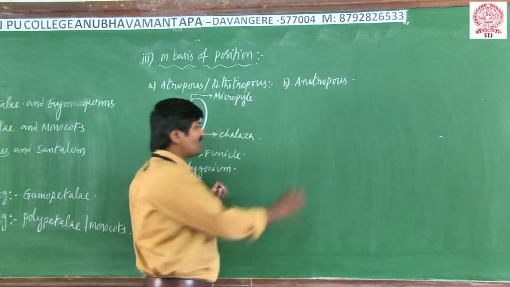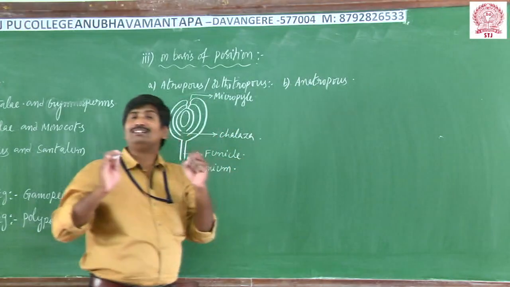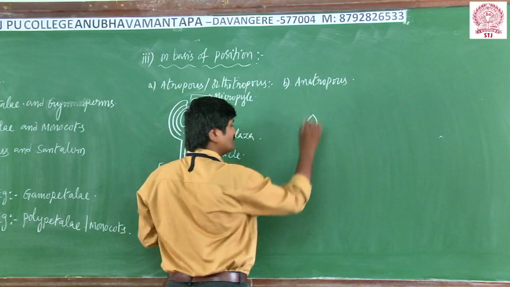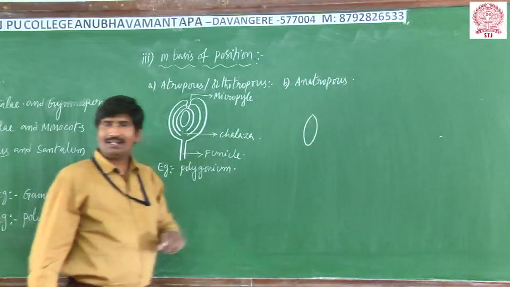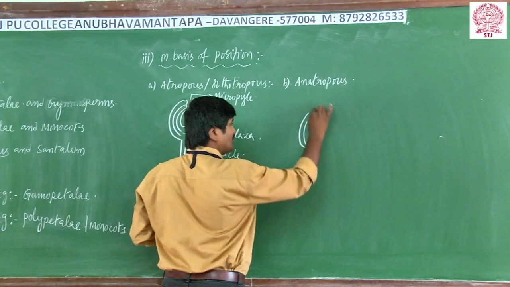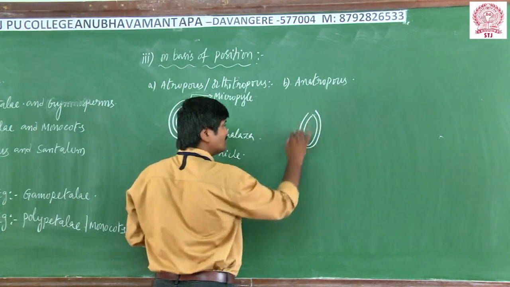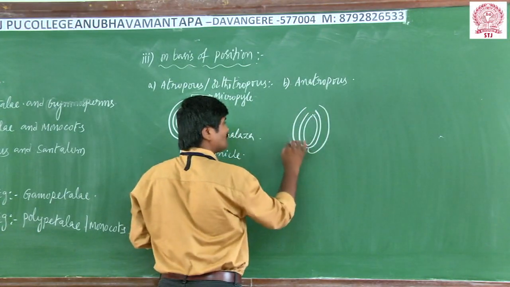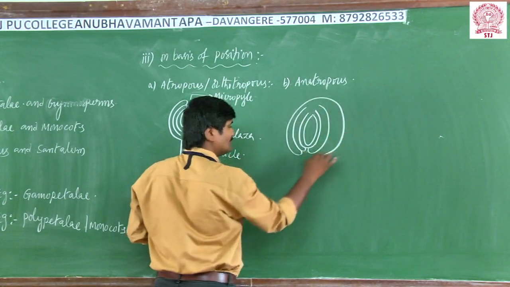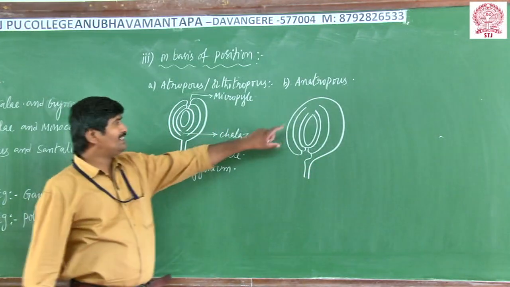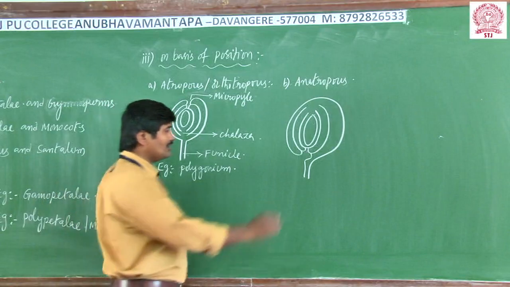The anatropous ovule is an inverted ovule. Central position embryo sac, nucellus, integuments. This is known as the anatropous ovule.